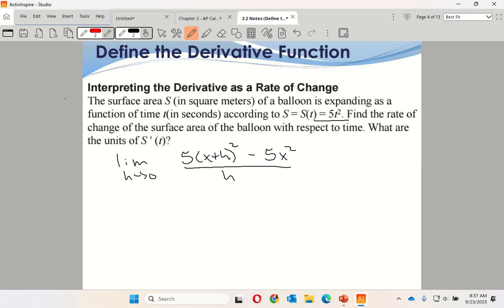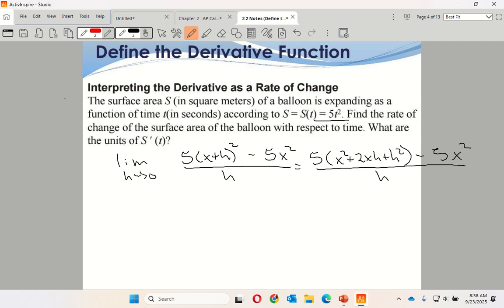You notice I changed my t's to x's for the use of my formula. All right, expand. I get 5 quantity x squared plus 2xh plus h squared minus 5x squared, again, all over h.